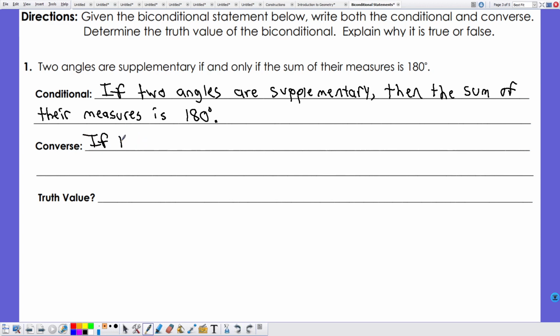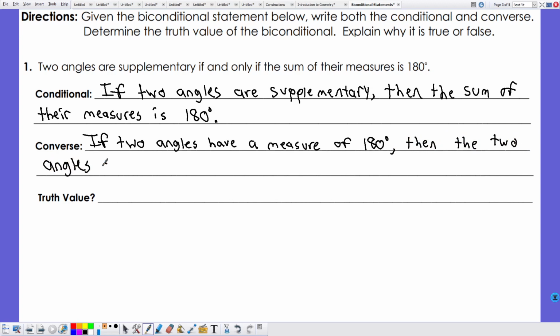If two angles have a measure of 180 degrees, then the two angles are supplementary.